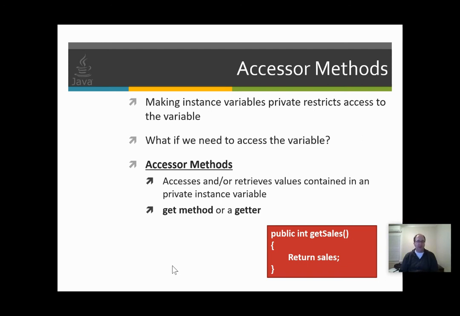The other term that's used is called a get method. We're just going to get the value out. And it literally can be as simple as this. The method will be public because we are going to want to call this from the main program. It'll be a value returning method because it's going to want to give me back the value from the variable.